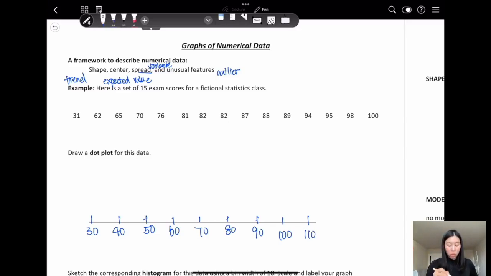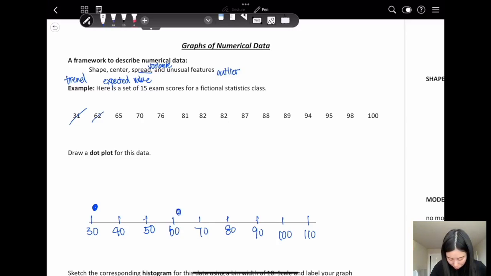Okay, and then we put each dot into the dot plot. So 31 should be in here. Every time after I plot a point, I like to cross it out so I would not miss any data point or accidentally draw two dots for the same data point.